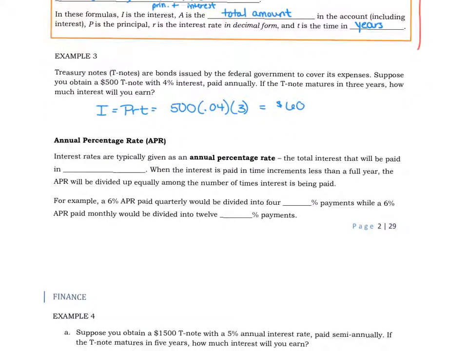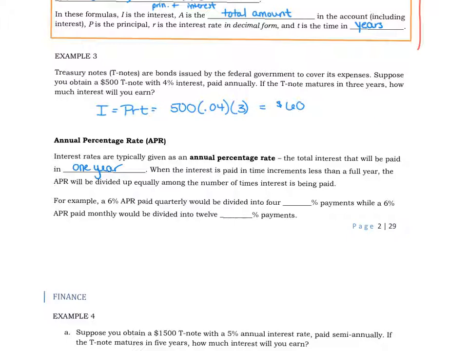Okay, now let's talk about APR just for a second. Usually you hear the term APR, that means annual percentage rate, and that's the total amount of interest that is paid in 1 year. Anytime they're going to pay you interest more frequently than that, maybe it's quarterly, maybe monthly, then they're going to divide up that interest amount into how many times interest is being paid within a year.